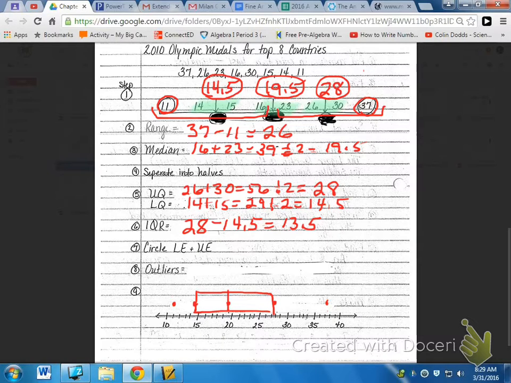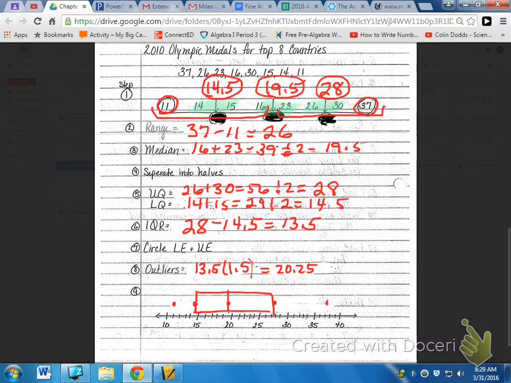So for the outliers, you take the IQR, 13.5, and you have to multiply it by 1.5. Okay, so when you multiply that together, you get 20.25. So you look at the left-hand side of the box, you're at 14.5 and you got to go to 11.